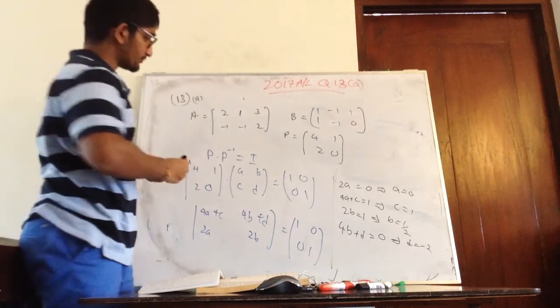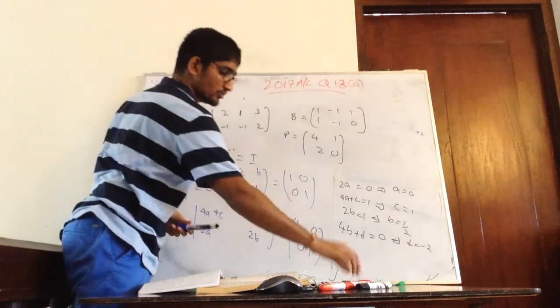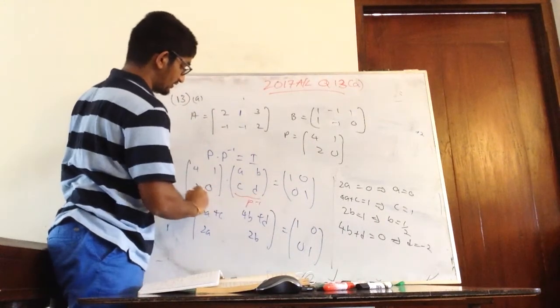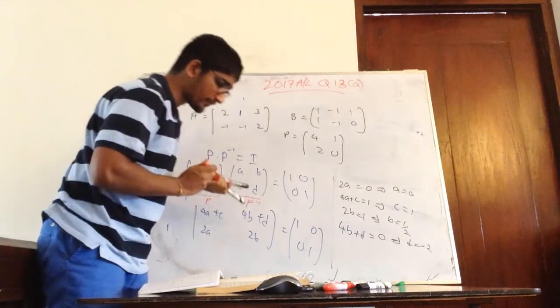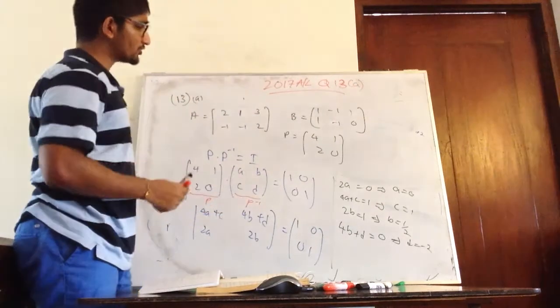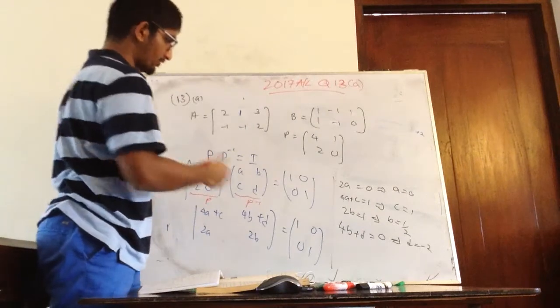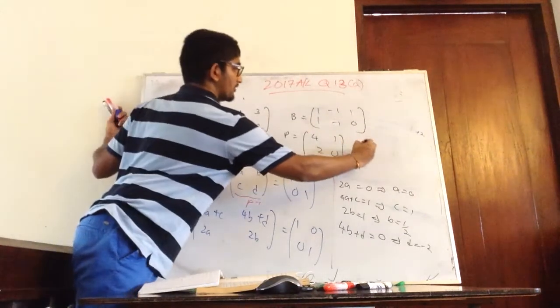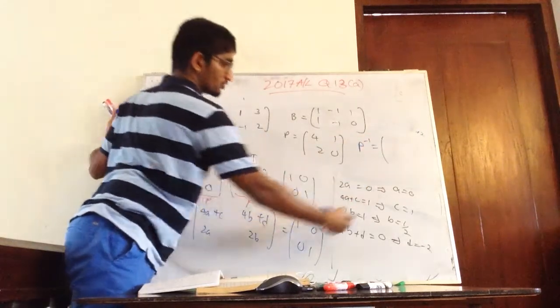Right now? So this is now the P inverse. So you get the P inverse as. So what is A?